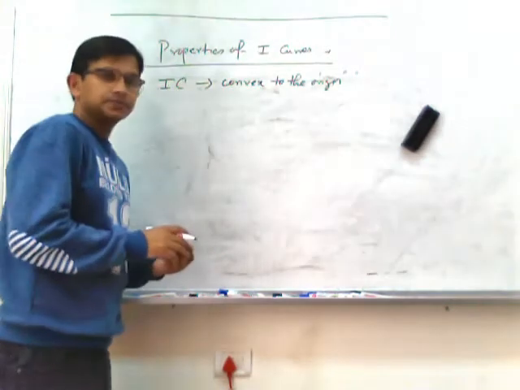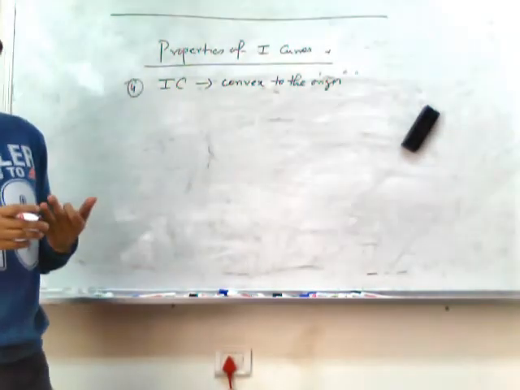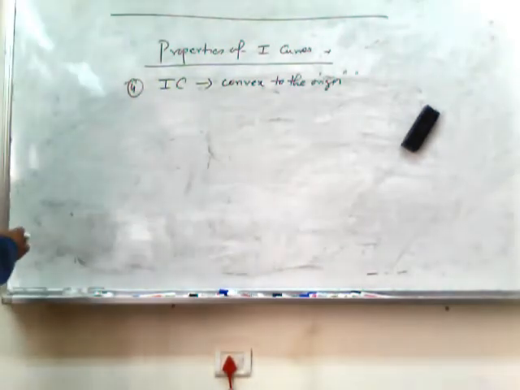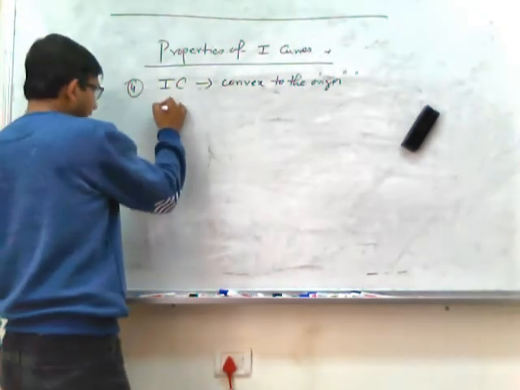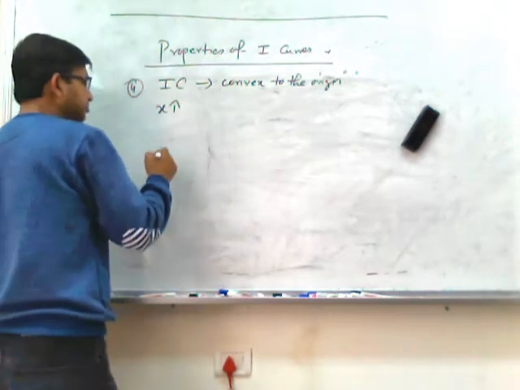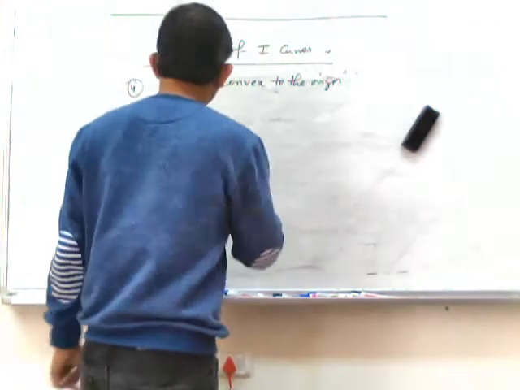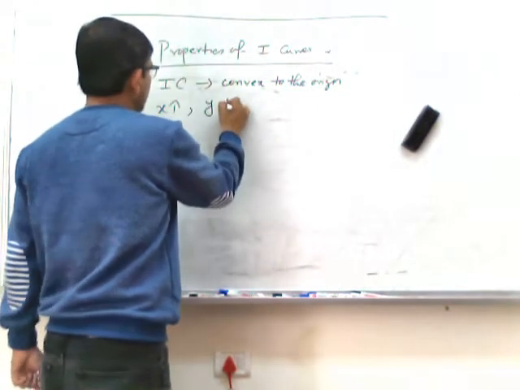So, we have to prove that as x rises, as we move from left to right of the indifference curve, x rises and y falls.